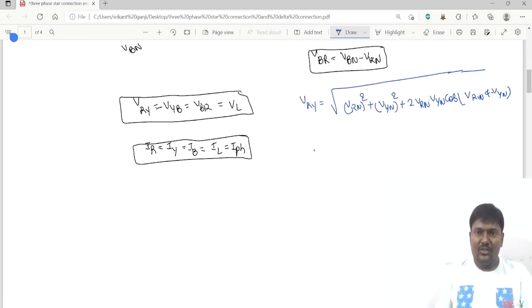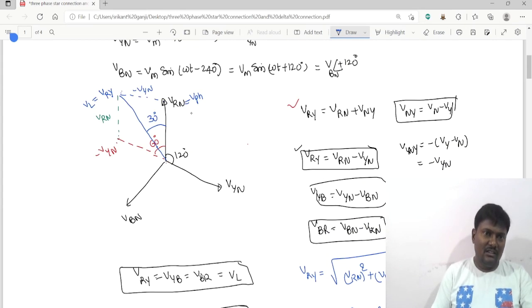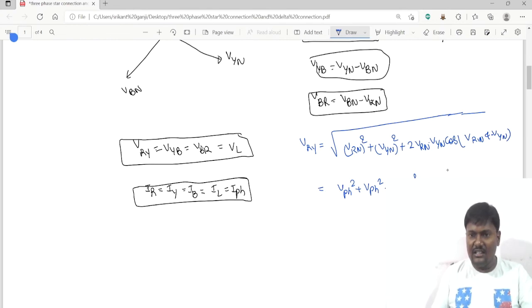So VRY squared is V phase squared plus V phase squared plus 2 times V phase squared times cos of the angle between VRN and minus VYN, which is 60 degrees.